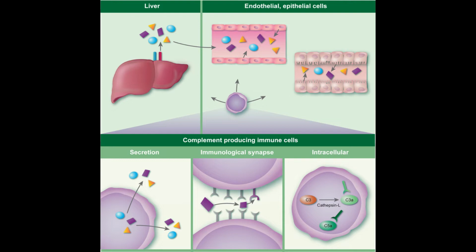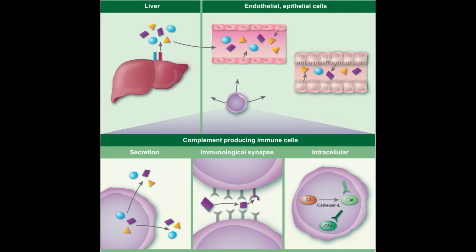The characteristics of the main complement proteins. So we have here the classical pathway. We have C1q, which has a molecular weight of 410 and a concentration of 150 micrograms per milliliter. Its function is to bind to the Fc region of IgM and IgG.